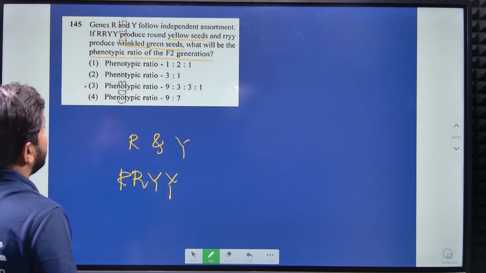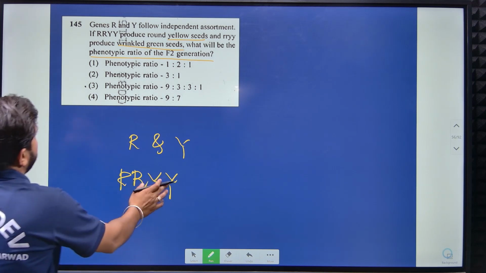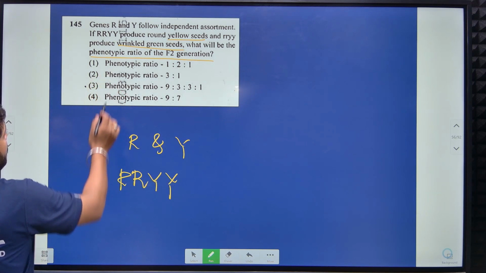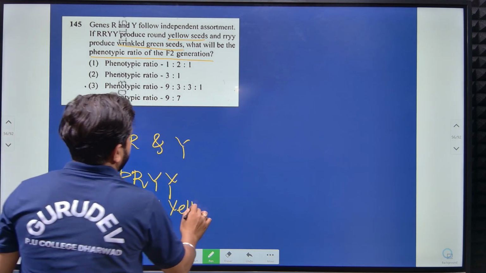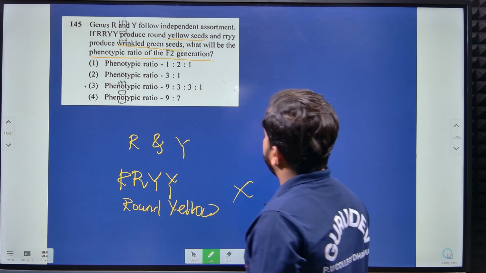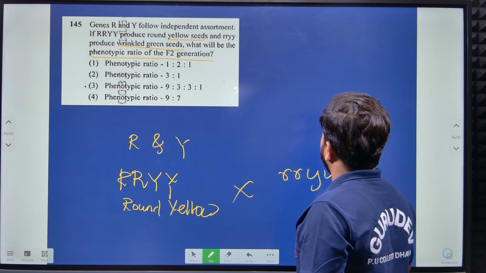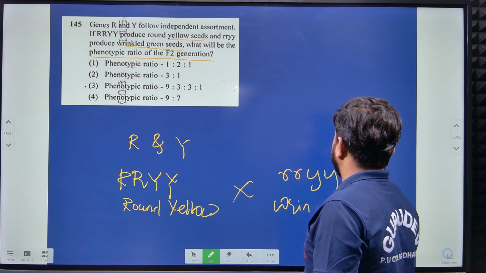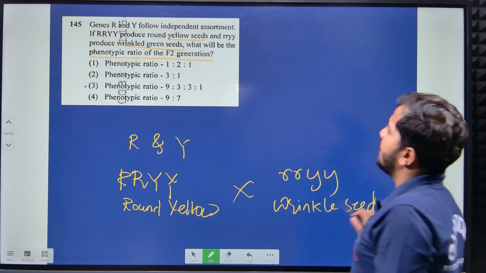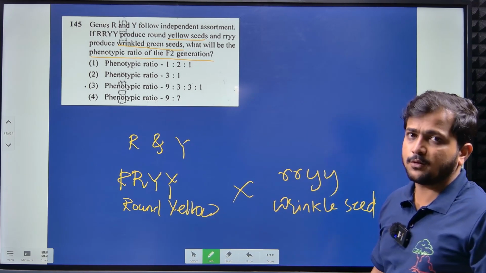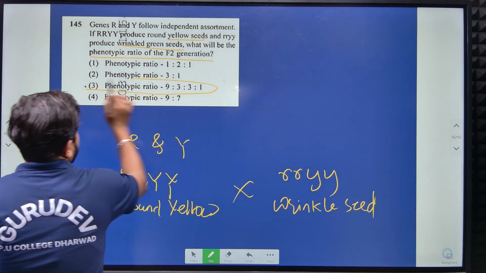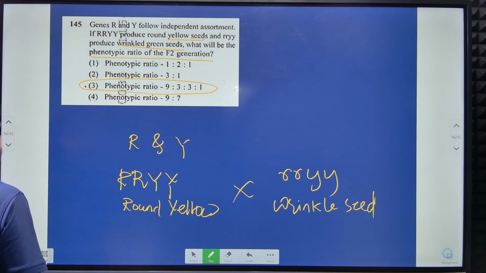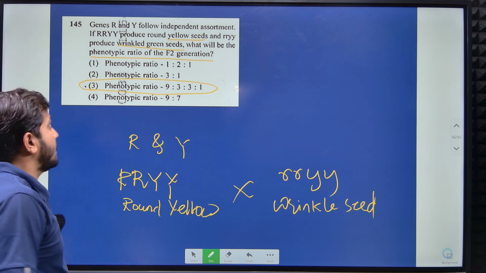Capital R, capital Y forms round yellow seeds, right. Then small r, small y forms wrinkled green seed, right. And what will be the phenotype with respect to the F2 generation they are asking. So phenotype with respect to the F2 generation, that is the direct question. Phenotypic ratio is 9:3:1, right. So here the answer is option 3, 9:3:1, right.